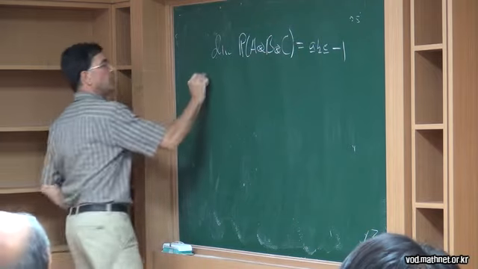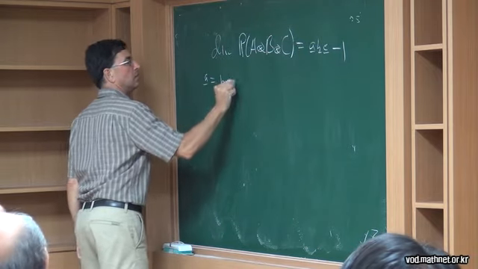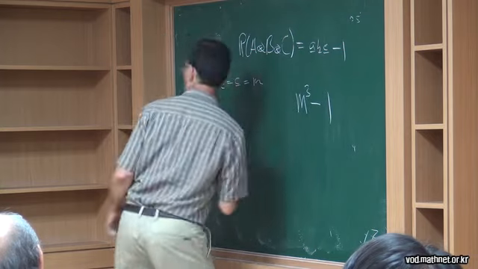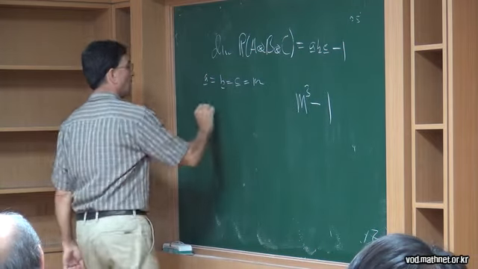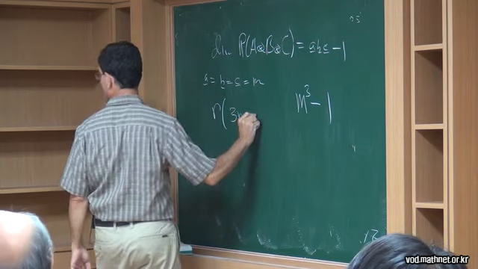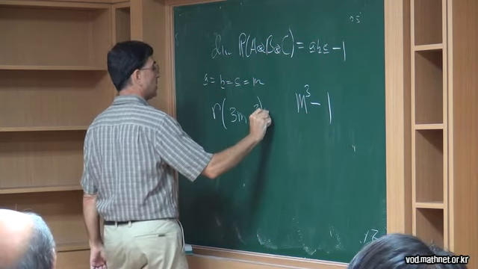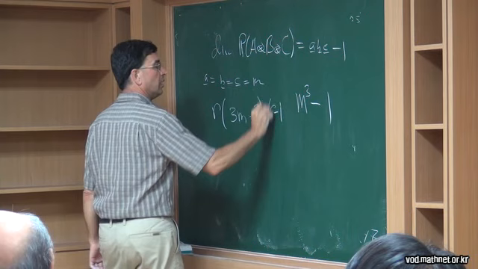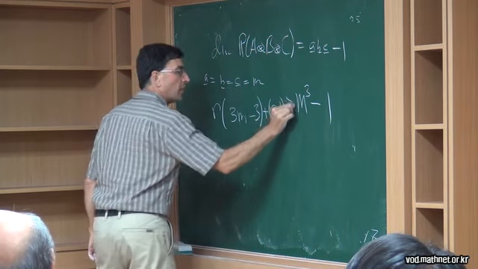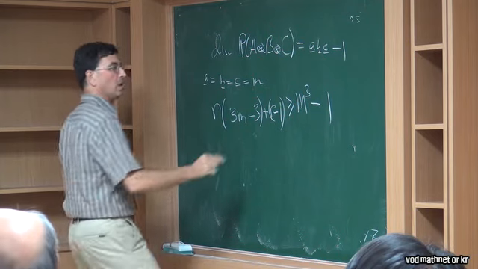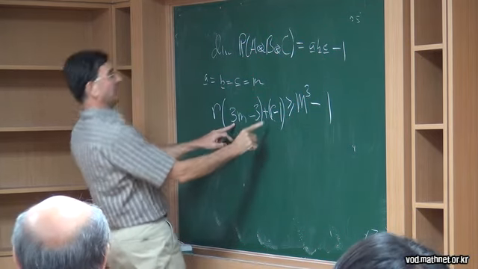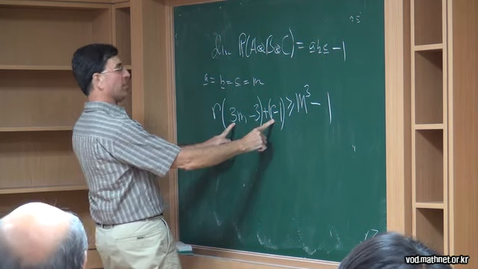Let's set all those numbers equal to m. So this is m cubed minus 1, and this is r times 3m minus 3 plus r minus 1. And we would want to know when is this greater than or equal to that number. So that is, oh boy, I hate doing math on the board.